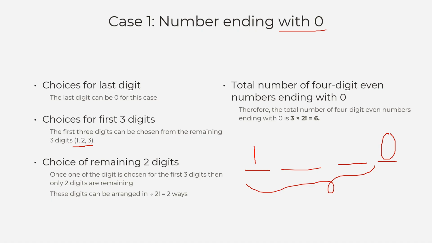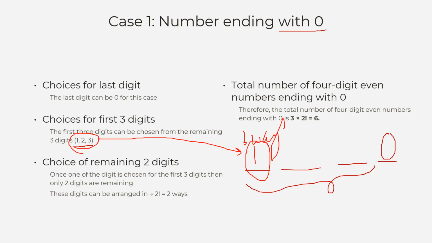I can choose only these two numbers and arrange them to have a 4-digit number which is ending with 0. So how many ways can I choose this first digit? There are 3 possible digits over here, and since no repetition is permitted, I can place a digit over here in only 3 possible ways.